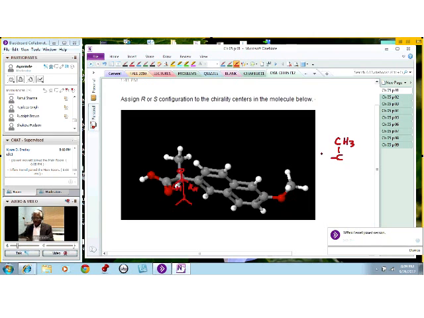What would be to my left? To my left will be exactly, very good, the carboxyl group. Let me write it out in a better way. Actually, let me give myself more room here.